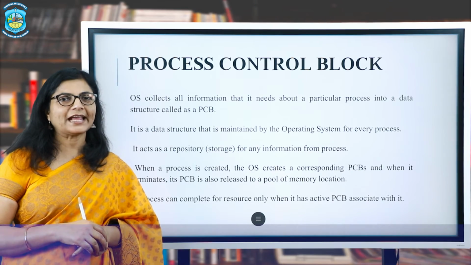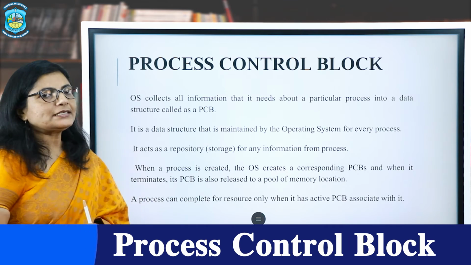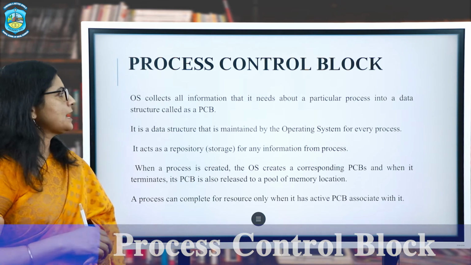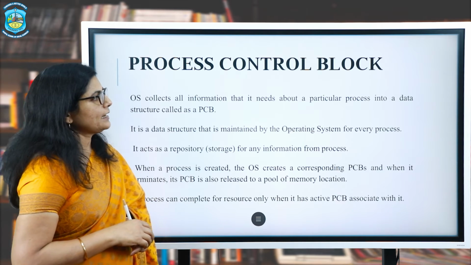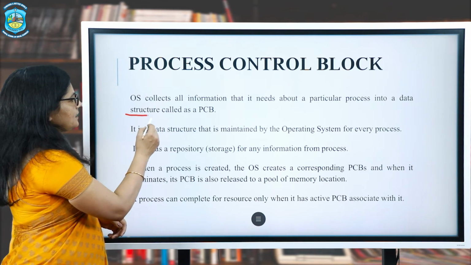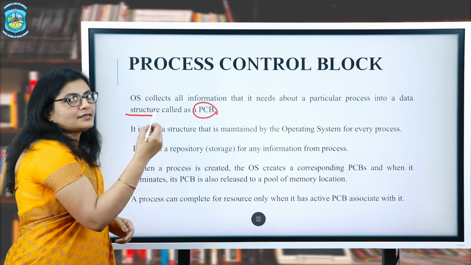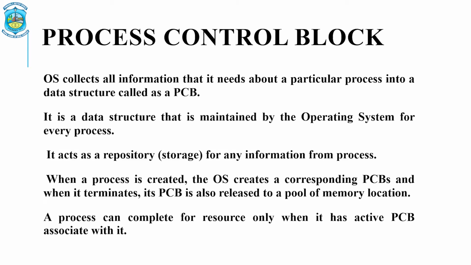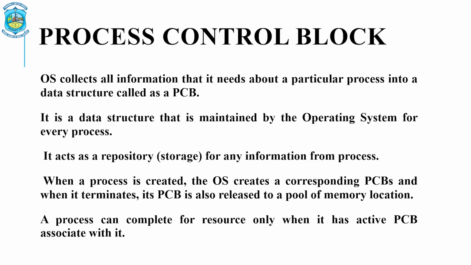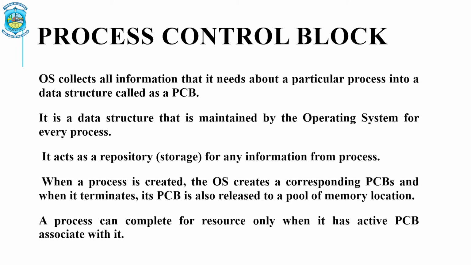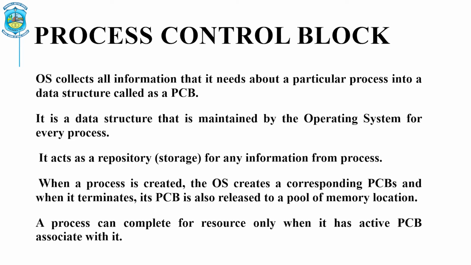Now let us move on to the next topic, that is the process control block. The operating system collects all the information that it requires about a particular process into a data structure. That is called PCB, which can also be called a task control block or job control block. It is a data structure that is maintained by the operating system for each and every process in the main memory.